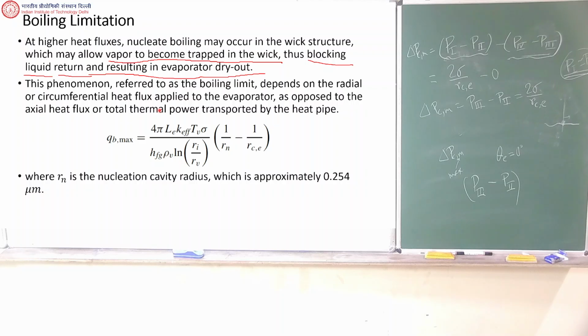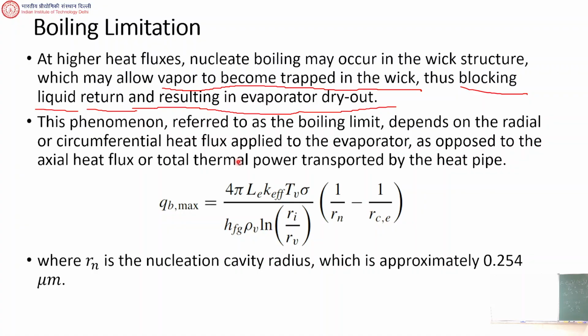All right. Now there is a boiling limitation also. As I told you at the beginning of the class, sometimes boiling can also happen in the evaporator part. This can happen if you have high heat fluxes. With high heat fluxes, nucleate boiling might occur in the wick structure.